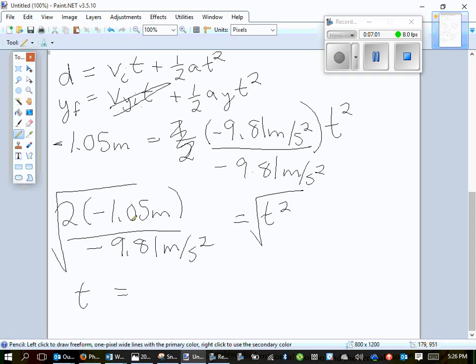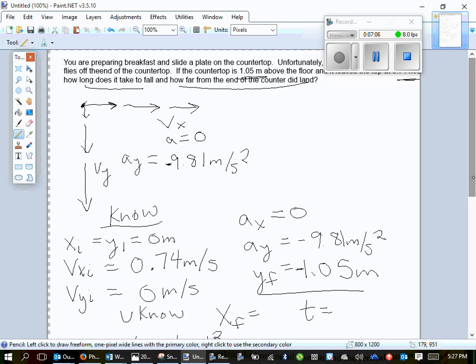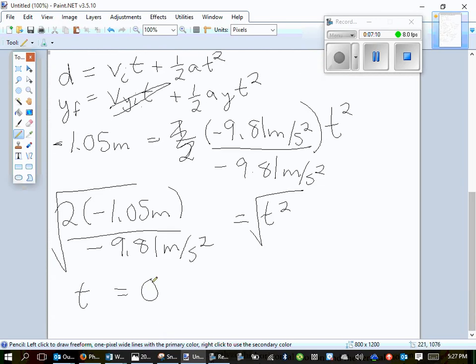When I got this all done, I see that my sig figs is 2. I got 0.46 seconds. So make sure you try your calculator that you can get that same value. There is my time.